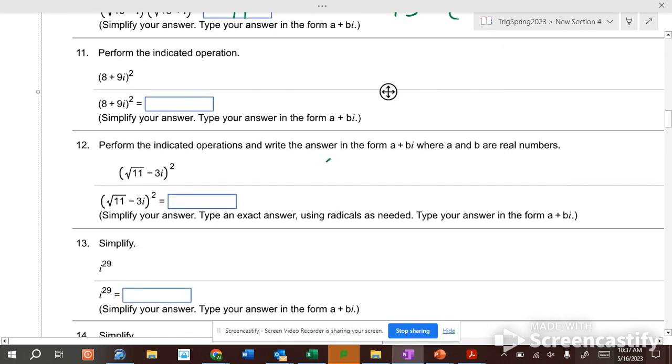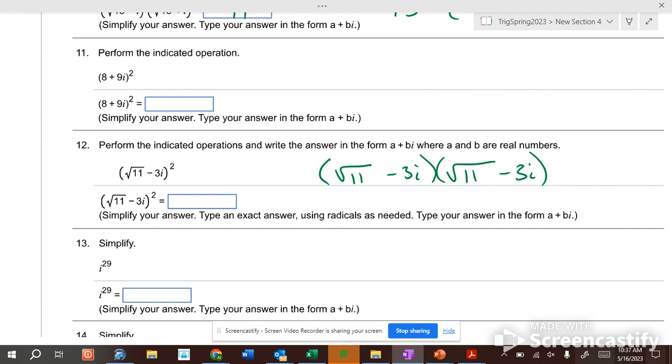Let's do number 12. Square root of 11 times square root of 11 is 11. Outers, negative 3i square root of 11. Inners, negative 3i square root of 11.